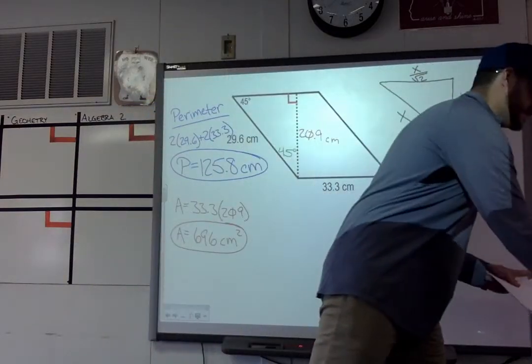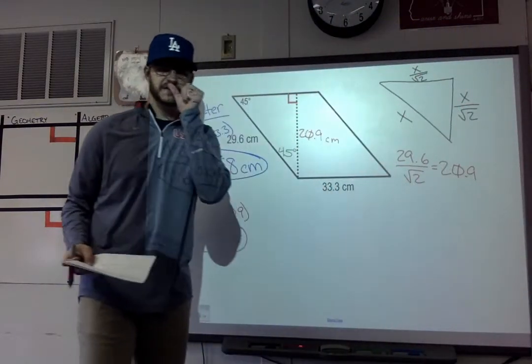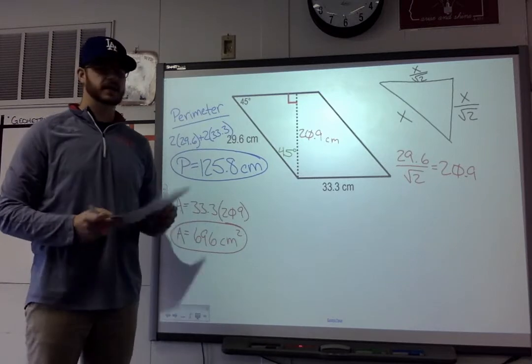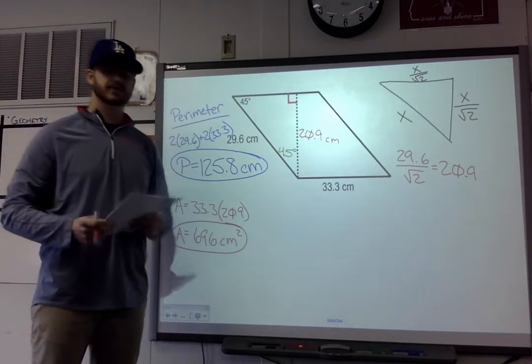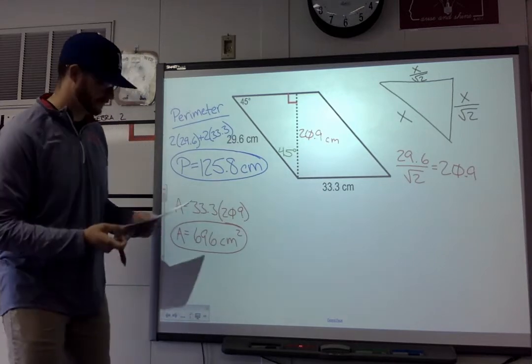So again, that's taking some of that basic knowledge that you've known for a long time of how to find areas and adding in some of the stuff we've been doing more recently of those special right triangles.